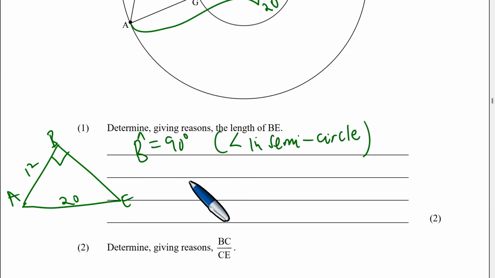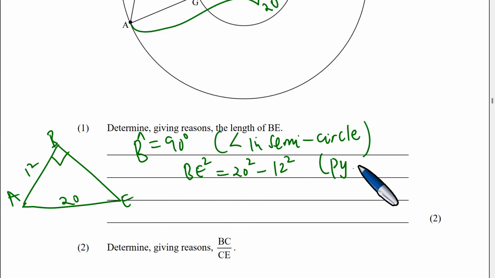So we can use Pythagoras' theorem and say that BE squared, because now we want BE squared, but the hypotenuse is this one, so it is equal to the hypotenuse squared minus the other side squared. Why are we putting the squares here?